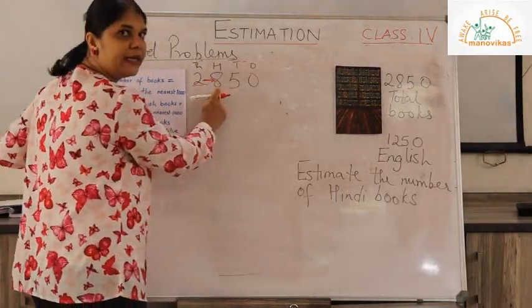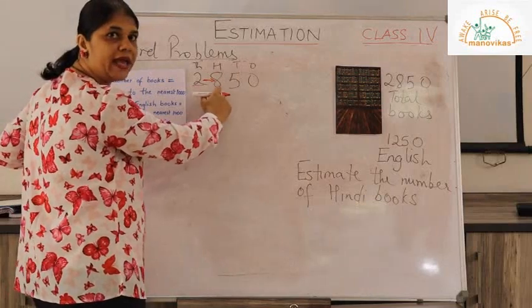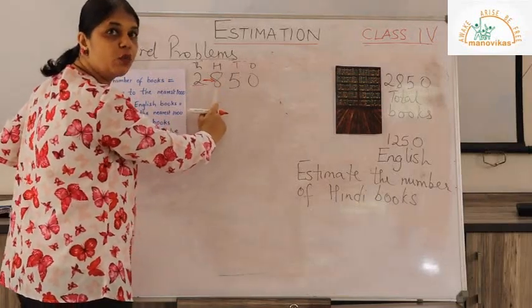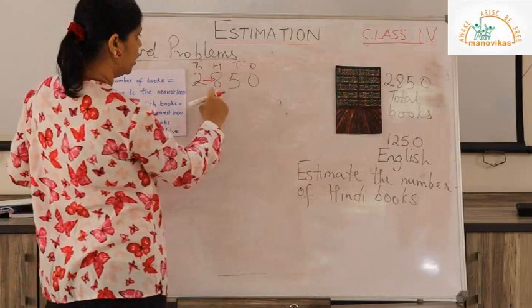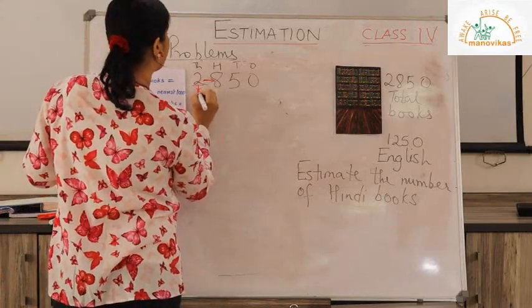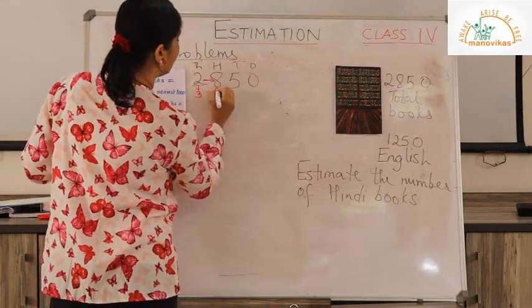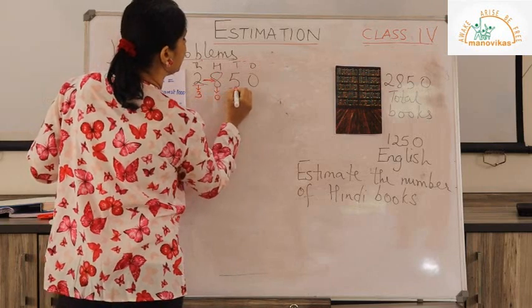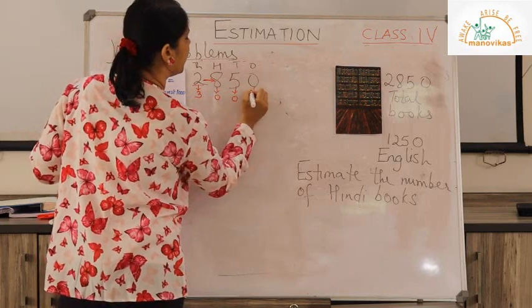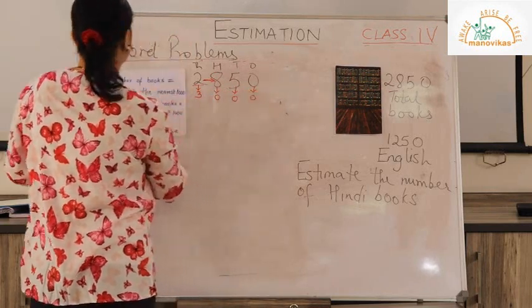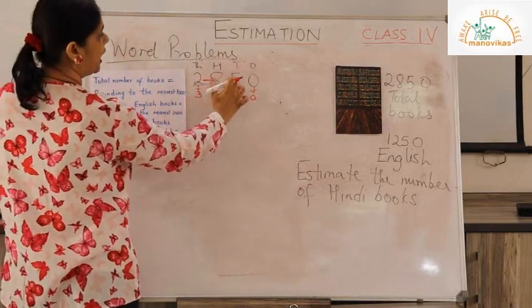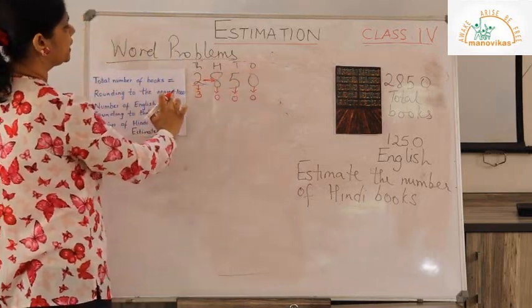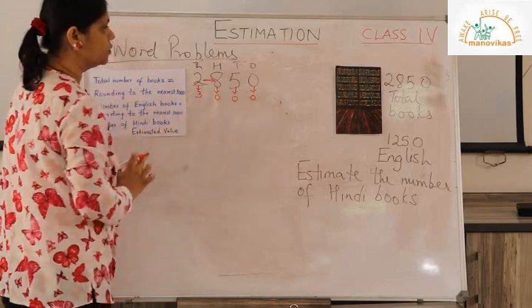What is the digit here? It is 8. So it is more than 5 and belongs to which group? Group 2. So the thousands digit will become 3 and the other digits will become 0. Correct? So the number 2,850 rounded to the nearest thousand is 3,000.